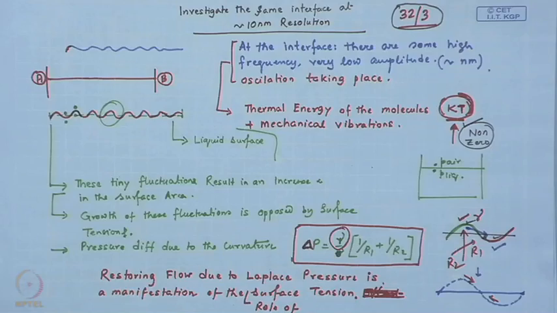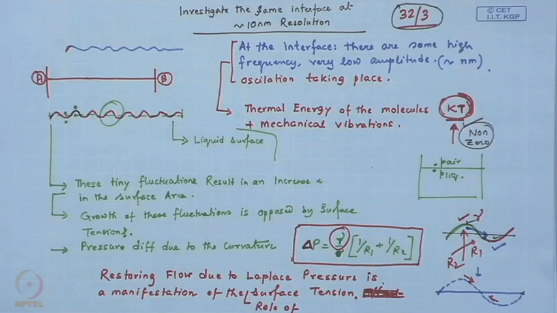So, this dynamic competition between your thermal energy driven fluctuations and the Laplace pressure, surface tension driven restoring is continuously going on. This is more of a dynamic equilibrium, the condition that prevails at any liquid surface. It is important to understand that this dynamic equilibrium prevails on any liquid surface, irrespective of whether you are talking about a 10 nanometer thick film or a few meter deep water tank.